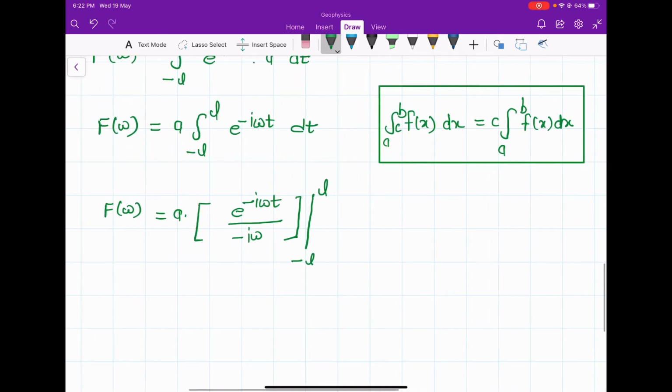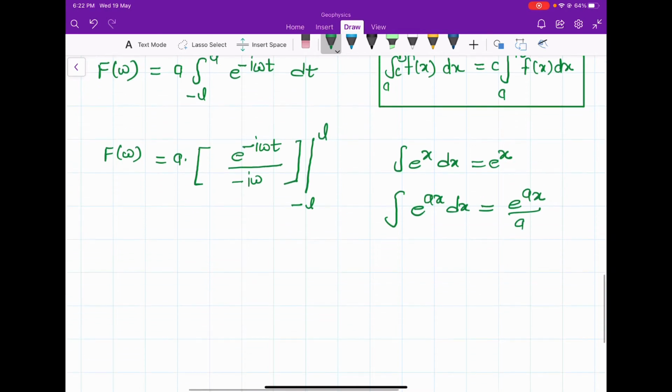So in the last video, that is the third video, I told you e to the power x dx will be e to the power x, e to the power ax dx will be e to the power ax by a, and if we consider here b, e to the power bx dx will be e to the power bx by b.